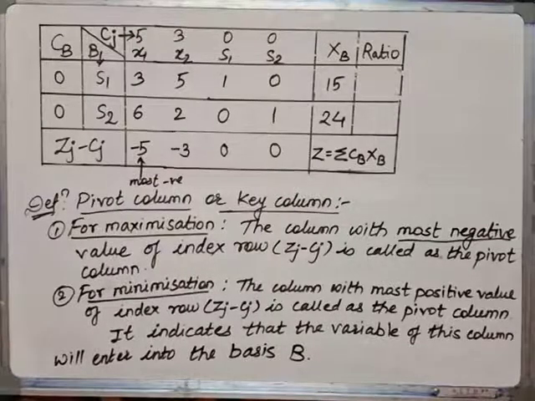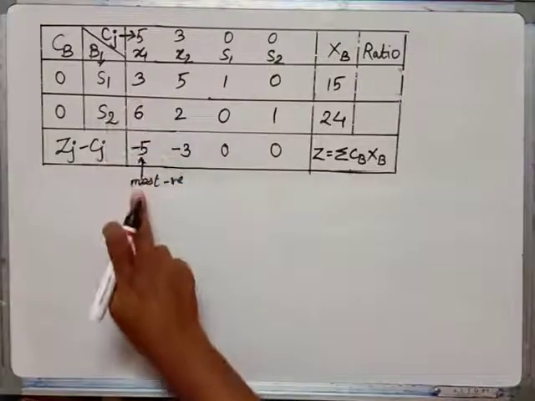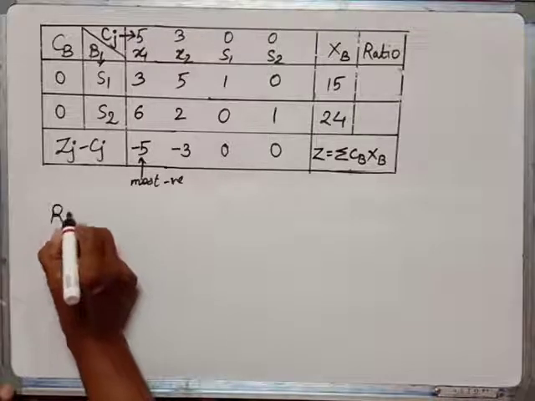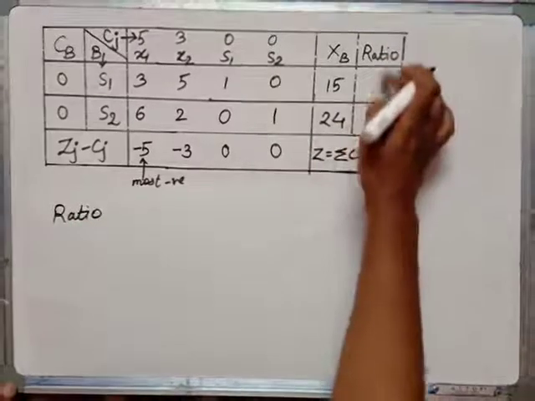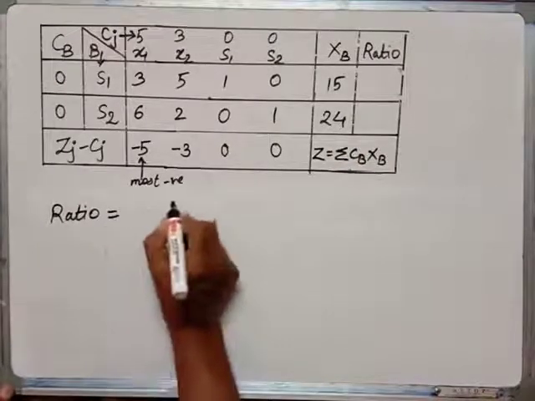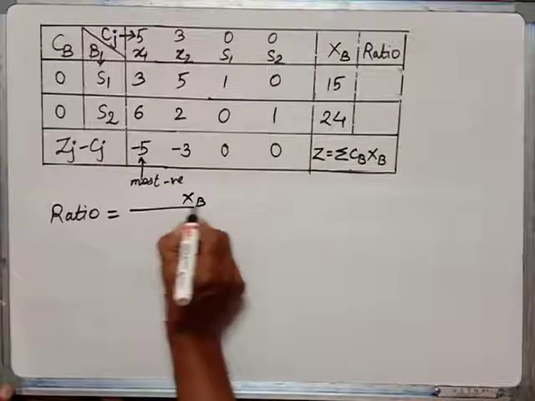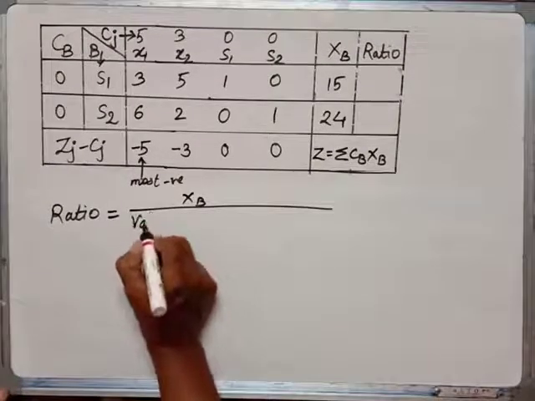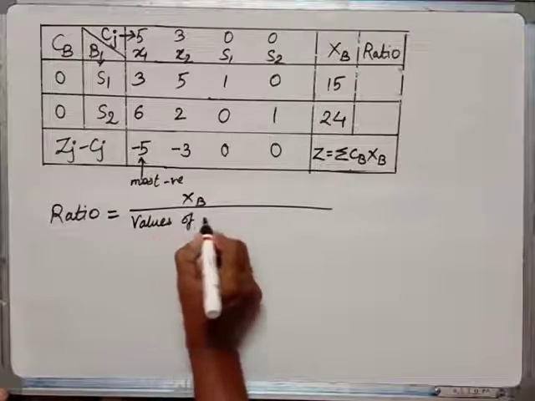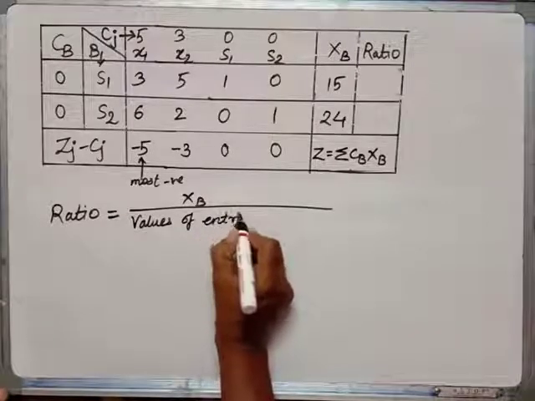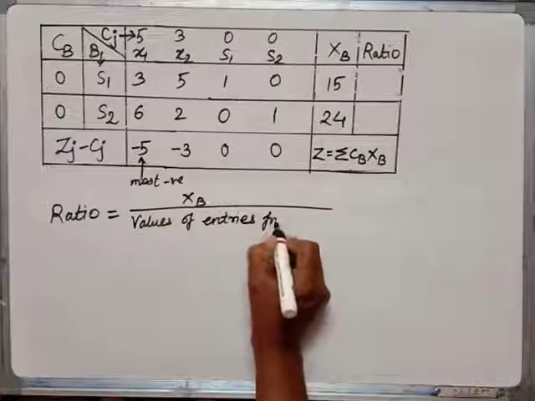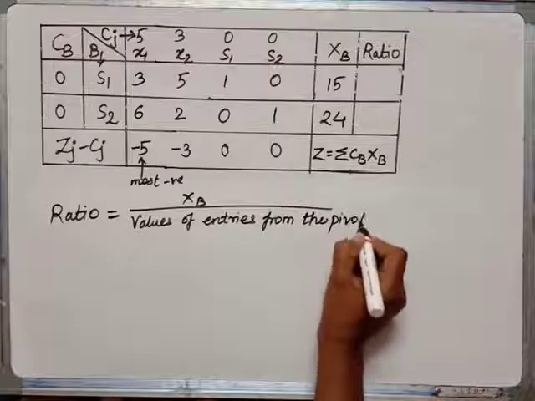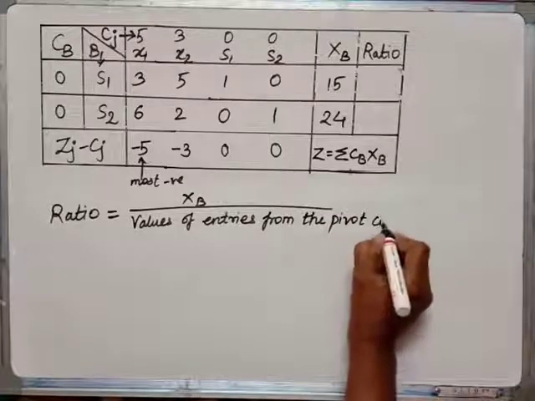Now this is about pivot column, but to get pivot row or key row, first of all we need to find this last one, ratio. What is the ratio? This ratio is equal to xb upon, it is ratio, so it is a division, xb upon values of entries from the pivot column.